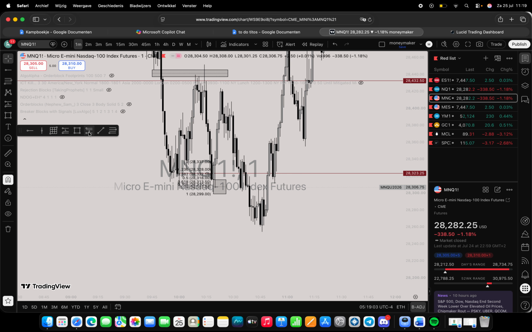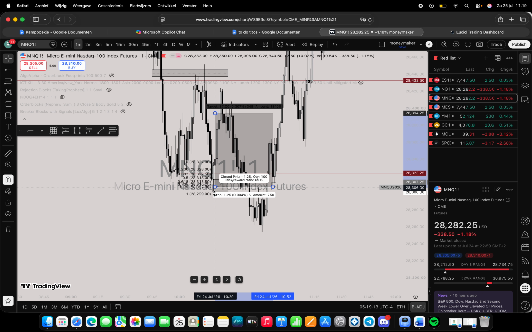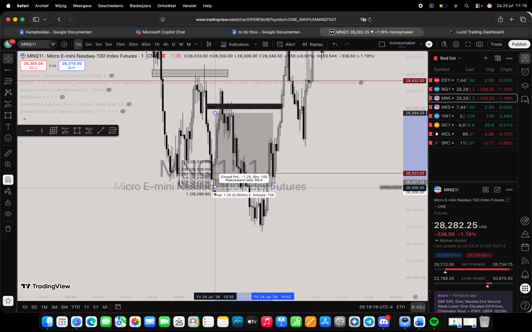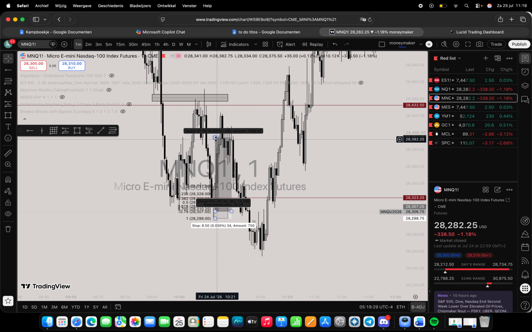And you see my limit was perfectly on the OTE of my rejection block with an 8.75 stop. Now, this magnet right here, come on, man. With an 8.5 stop to a 1 to 6 RR.